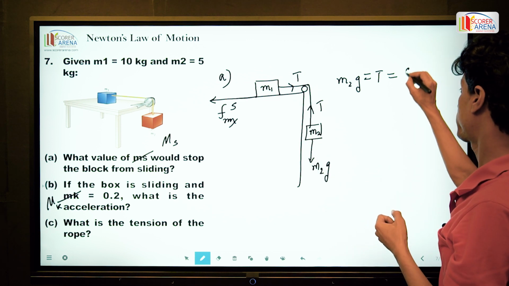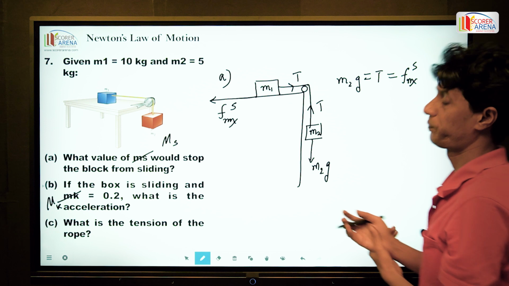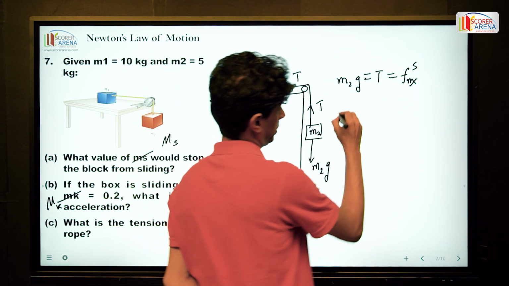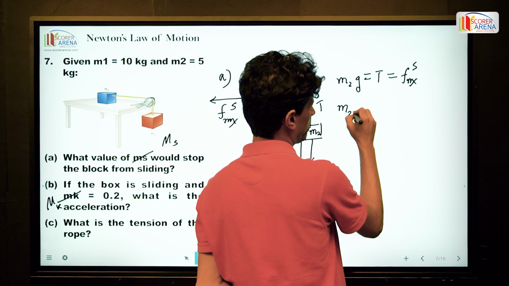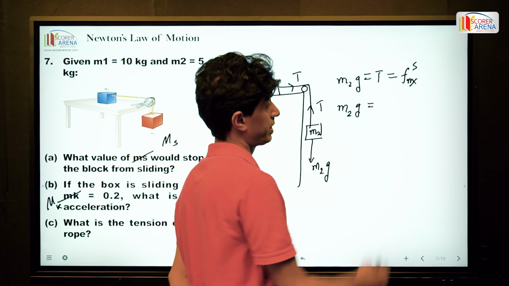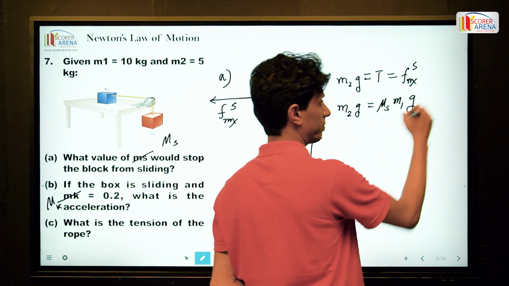So this is maximum static friction, and we know this is M2G, and maximum static friction is equal to mu S M1G.